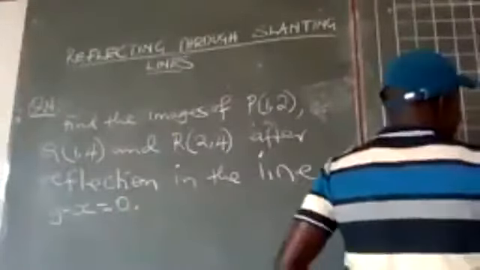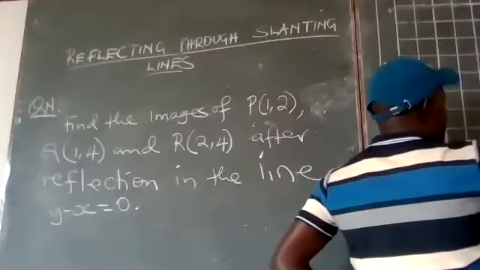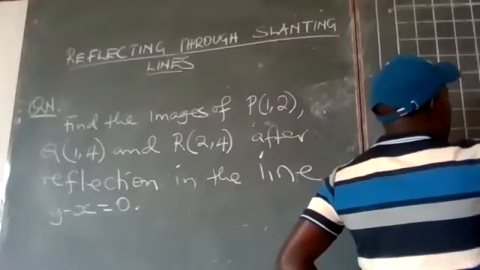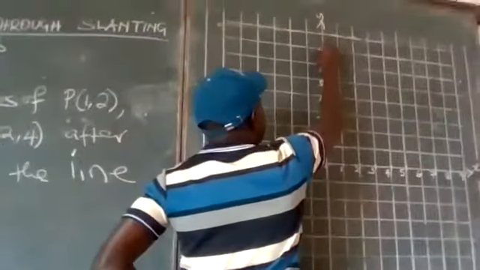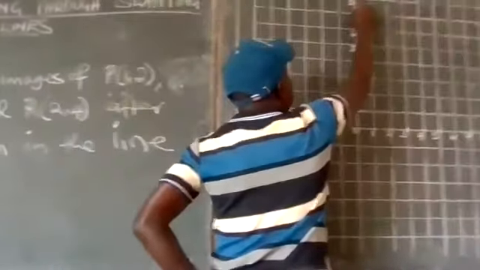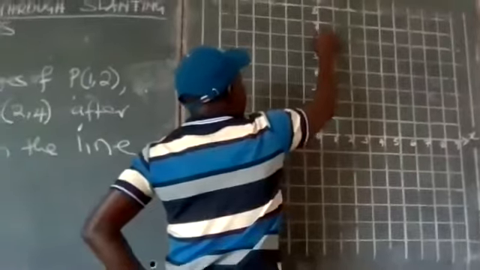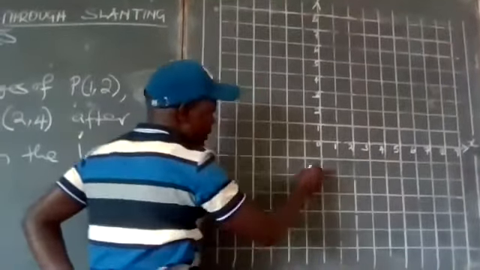Nine. So 0, 1, 2, 3, 4, 5, 6, 7, 8. Make sure that you mark off your coordinates.